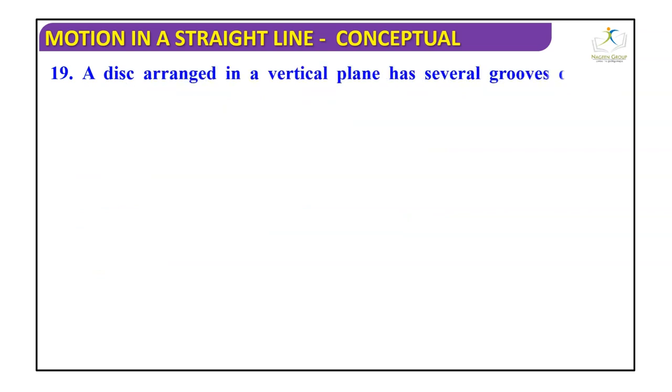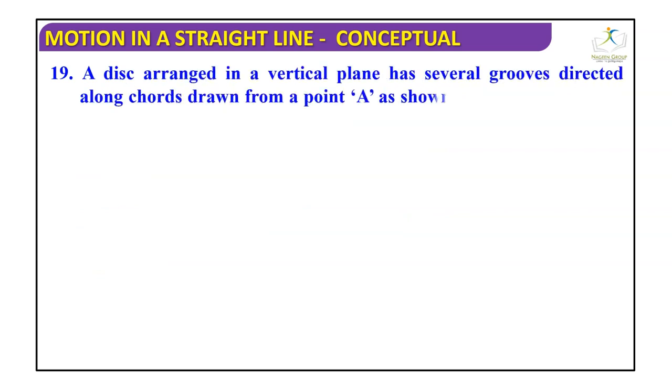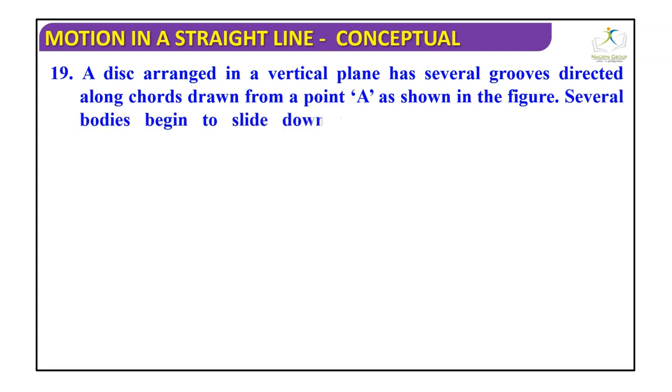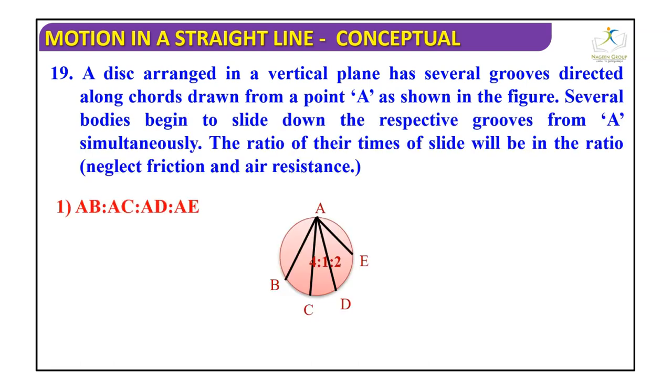19th question: a disc arranged in a vertical plane has several grooves directed along chords drawn from a point A, as shown in this figure. Several bodies begin to slide down the respective grooves from A simultaneously.